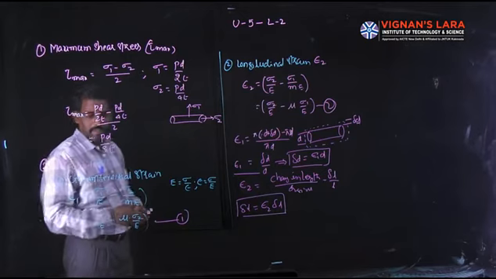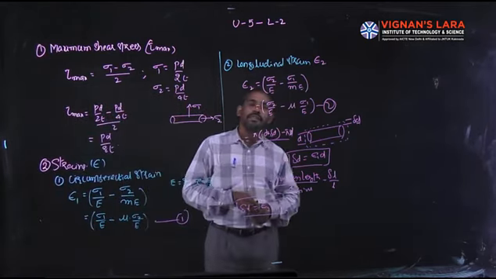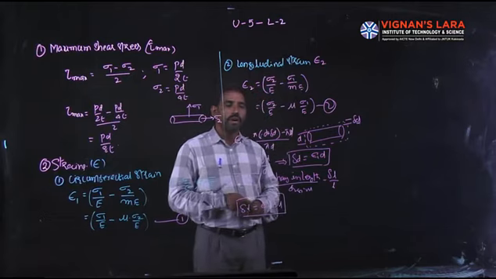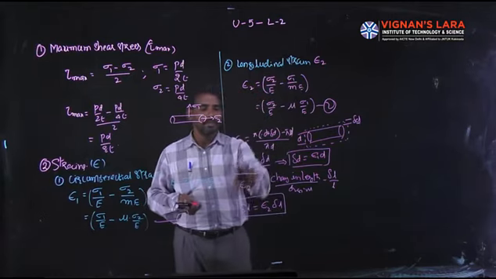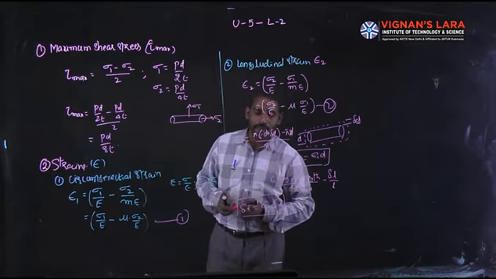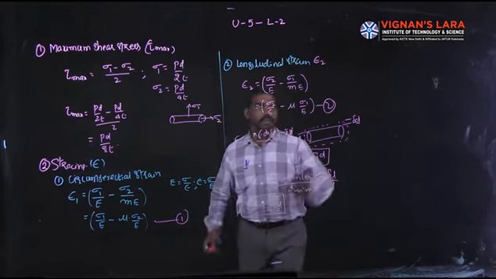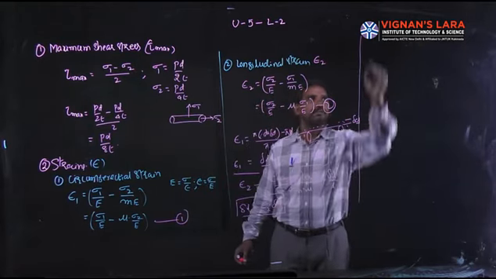Equation 1 represents the strain circumferentially and equation 2 represents the strain longitudinally. From that, geometrically, we can find delta D and delta L also.